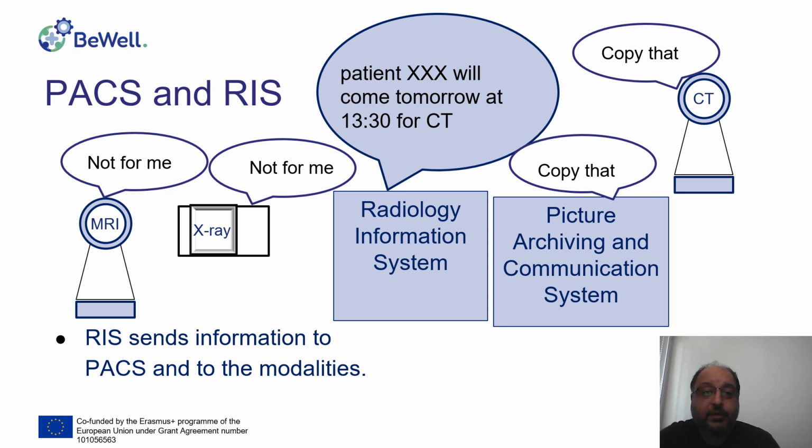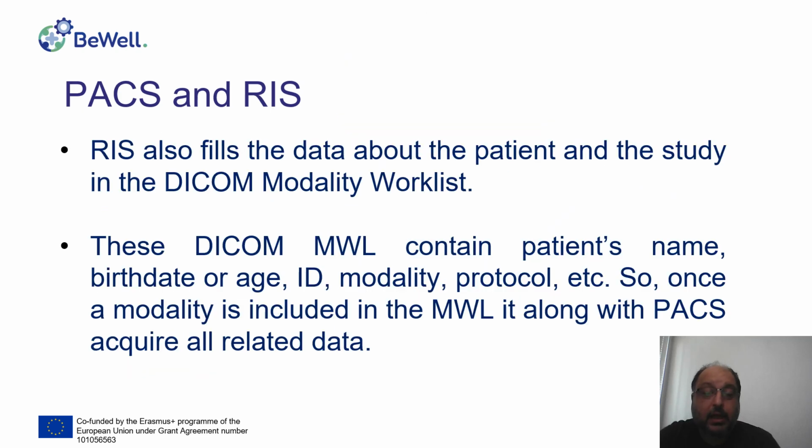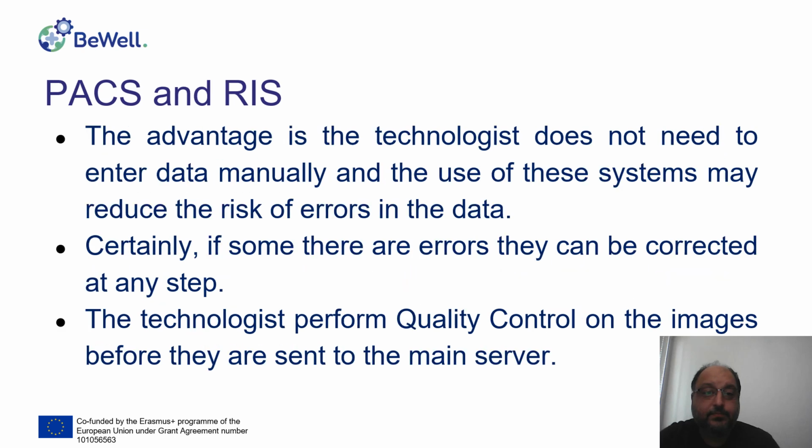But the MRI and the X-ray do not accept this message because it is not intended for them. The modality worklist contains a lot of data: the patient name, the birth date, the age, the ID, the modality, the protocol, so the given device has all needed data.